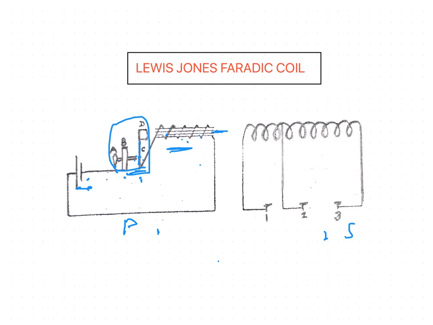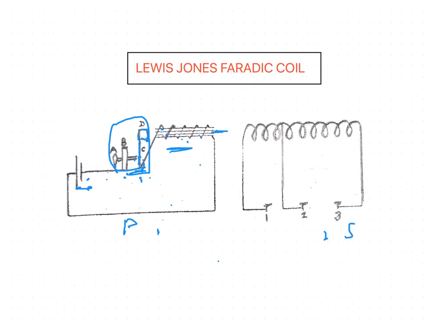One end of the hammer is fixed here, and the other has a soft iron head which lies opposite the primary coil but not in contact with it, and the spring, that is the metal limb, is connected to the primary coil.